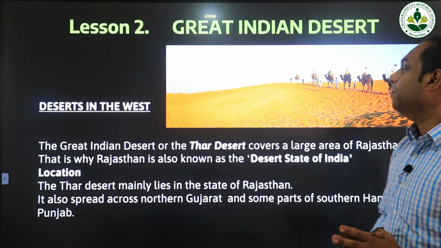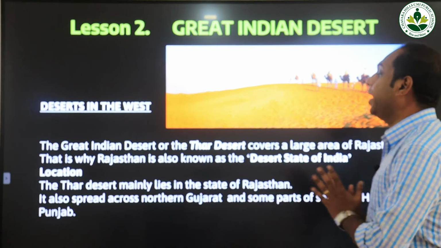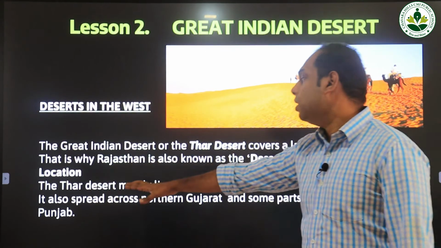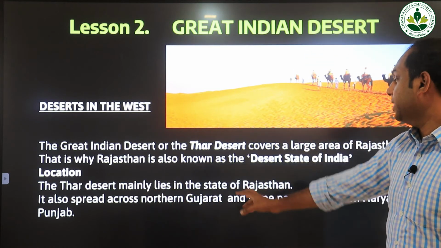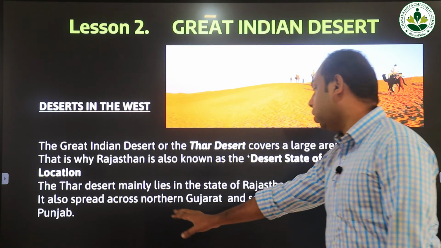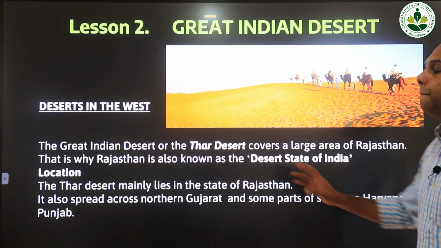Now we'll be studying where is the exact location of the Great Indian Desert or the Thar Desert. The Thar Desert mainly lies in the state of Rajasthan, and it also spreads across northern Gujarat and some parts of southern Haryana and Punjab.